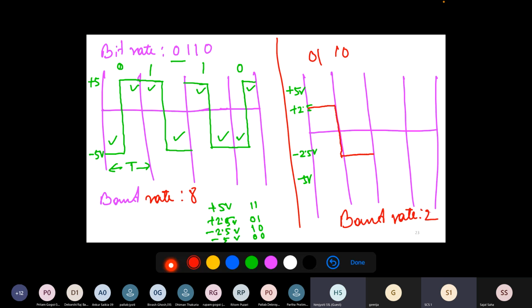Sir, 8. 8 signal levels will be required. Now, to carry 4 bits, we require 16 signal levels. Yeah. So, 2 to the power of 4 signal levels will be required. Now, nowadays, in the 4G network, we are carrying 128 bits in one signal.